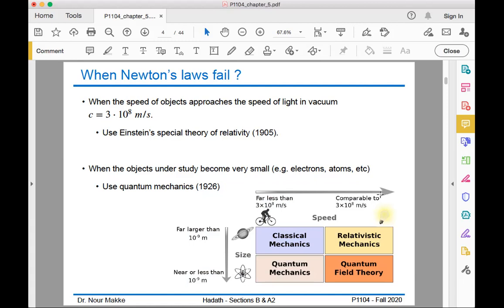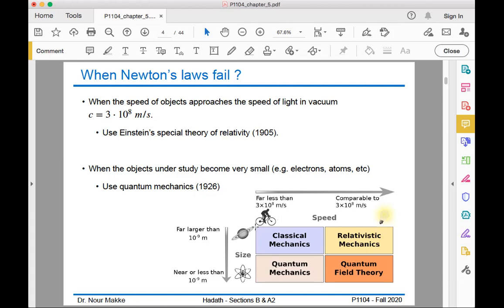The speed becomes higher and higher up to the level where it's compared to the speed of light, which is very high speed. And on the vertical axis, we are going from very large objects to very small objects, from the size of a galaxy to the size of an atom. So where are we in this case?